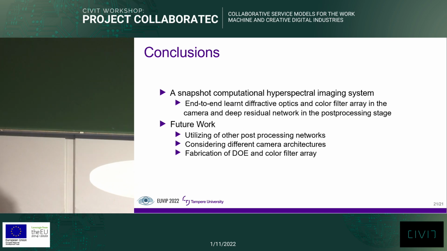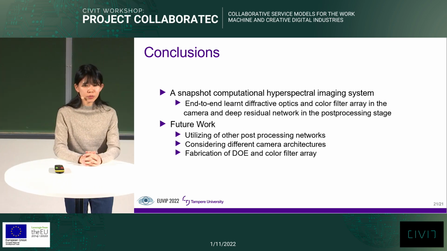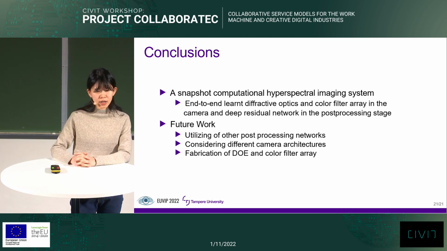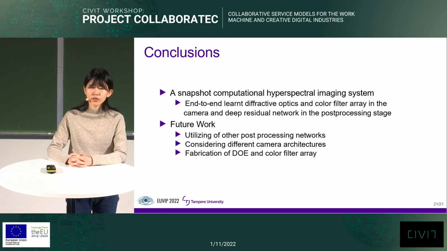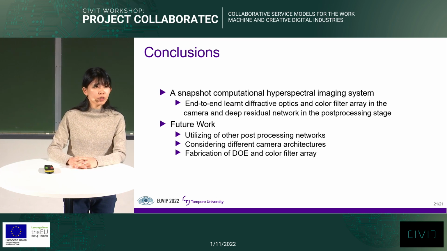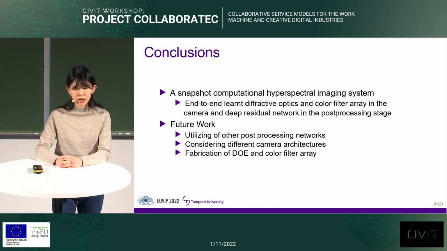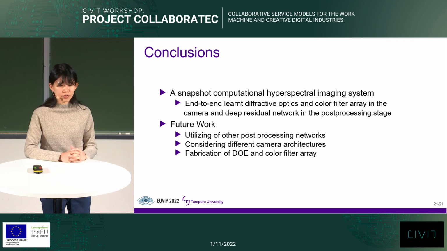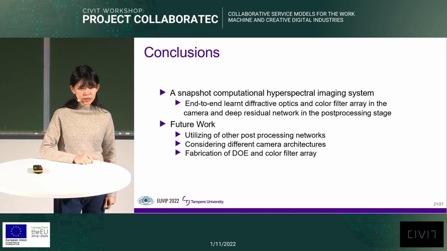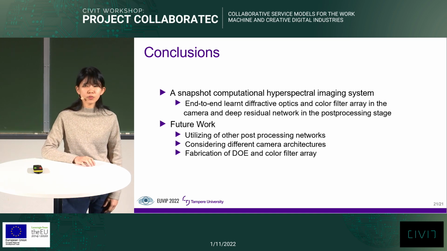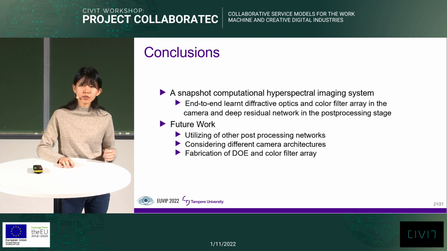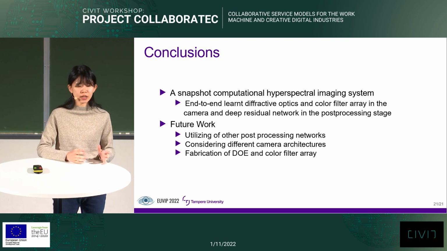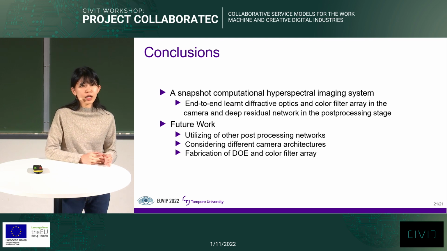So in conclusion, we presented a snapshot computational hyperspectral imaging system, which includes end-to-end learned diffractive optics and color filter array in the camera part and a deep residual network for post-processing. As future work, we suggest utilizing other post-processing networks for enhancement of the result, and we can also consider different camera models.